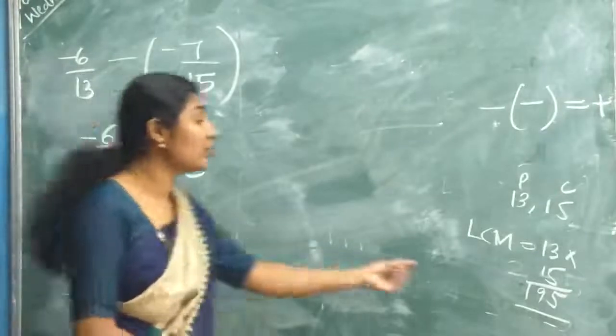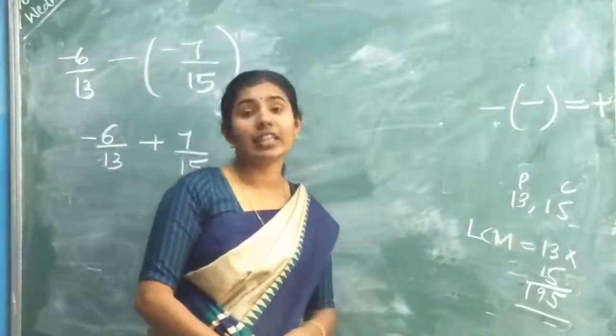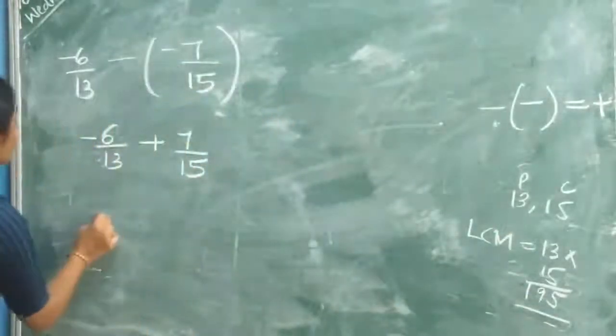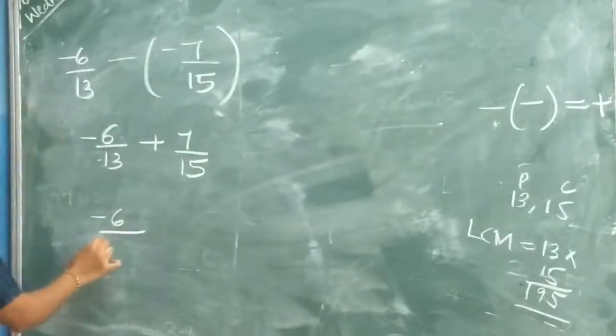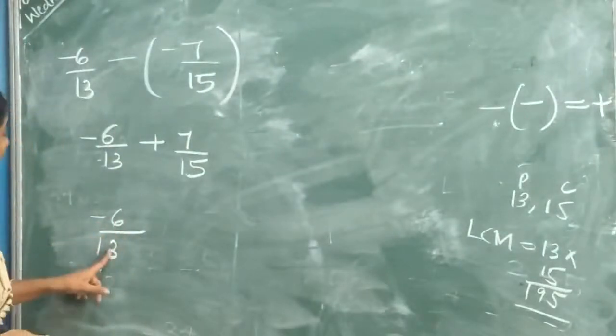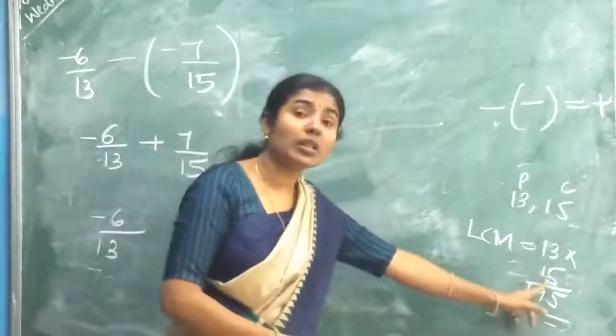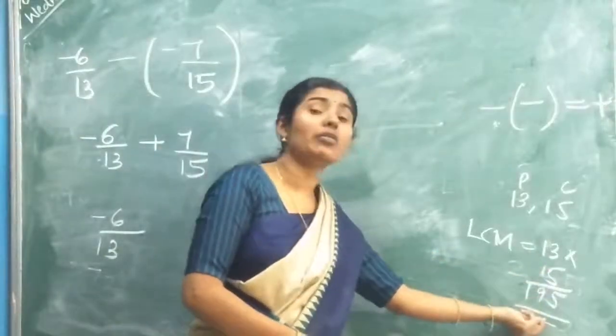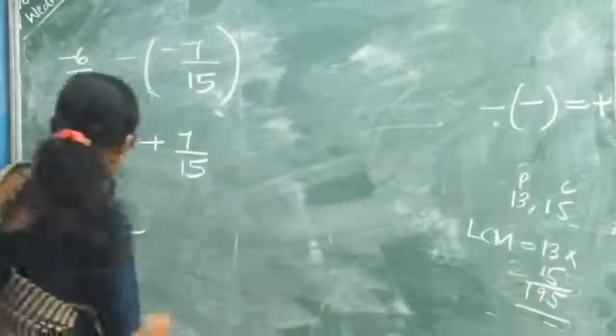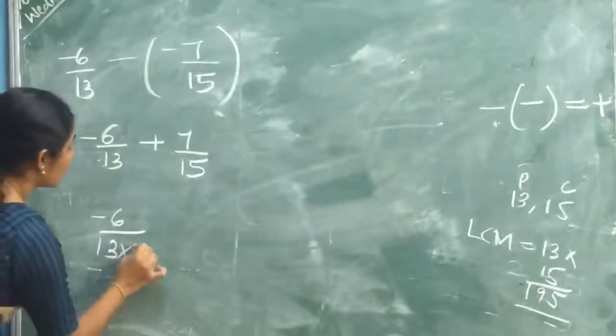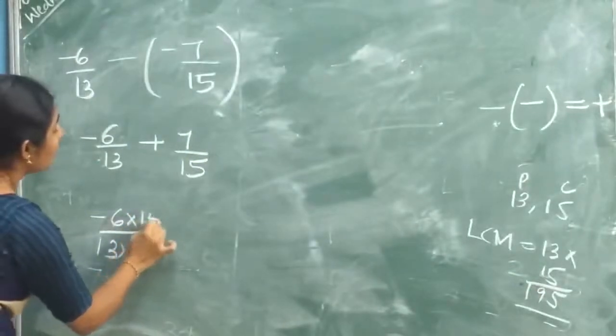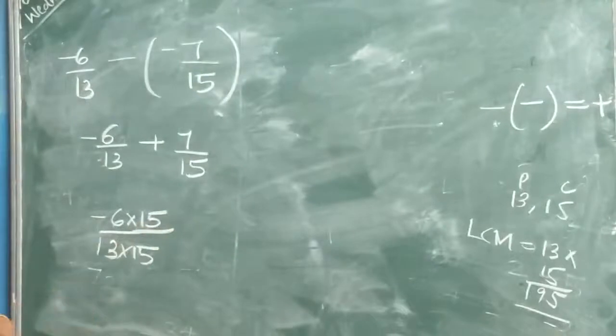What is the LCM? 195. Now, to make the denominator 195, 13, when you multiply with which number? 15, you will get 195. So multiply by 15, and the same number multiply on the numerator.